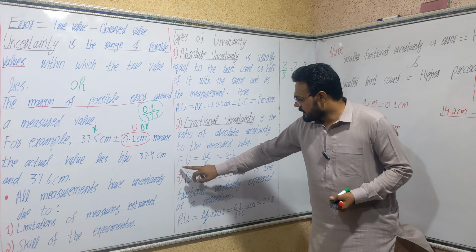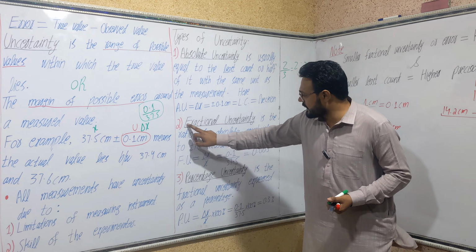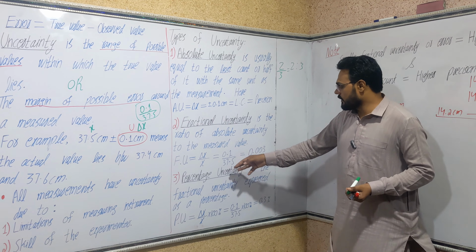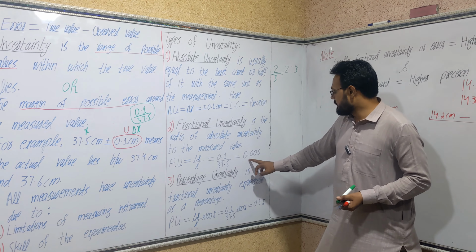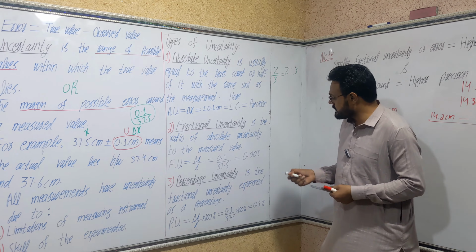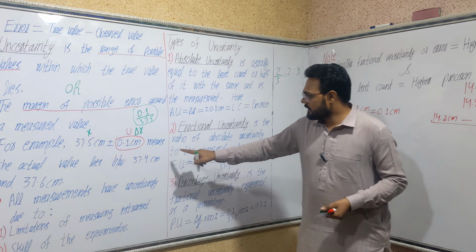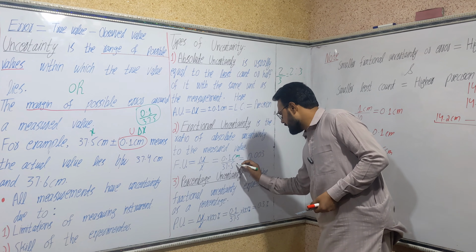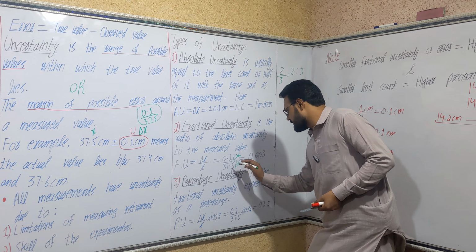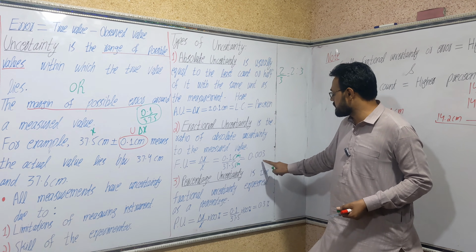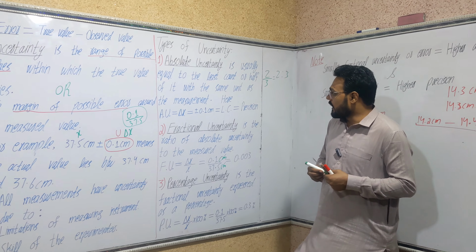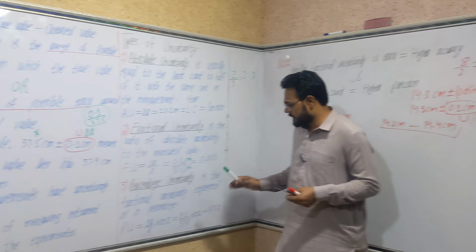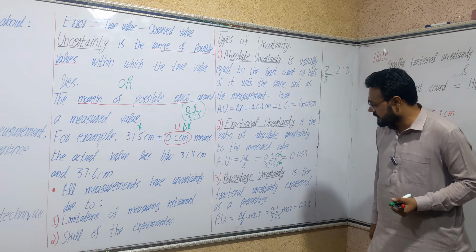After division, you will get 0.03. This has no units, because centimeter divided by centimeter cancels out. Fractional uncertainty has no units because it is the ratio of two similar quantities.